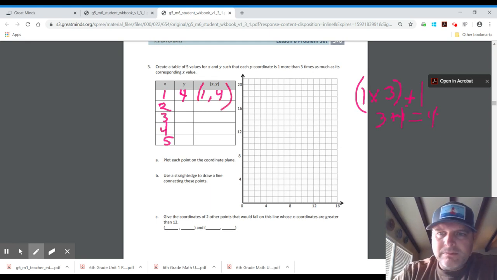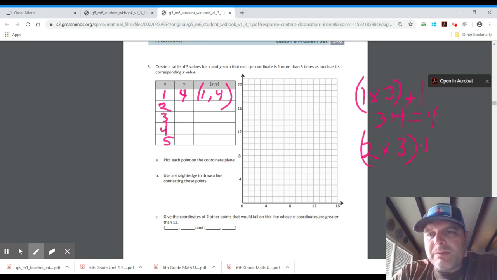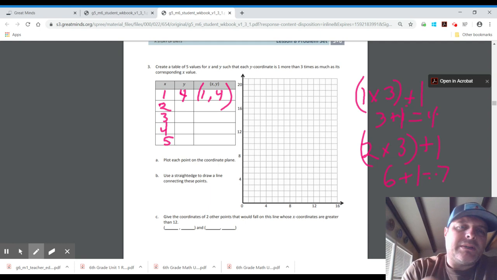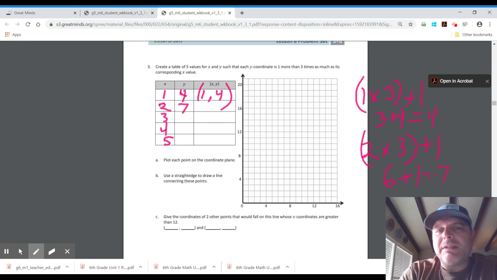Let's do that. And the next one, 2. 2 times 3 plus 1. So 2 times 3 is 6. Plus 1 is 7. So that would be the second one, 7. And the next one is 3 times 3, which is 9, plus 1 is 10. I'm just going to do it in my head.